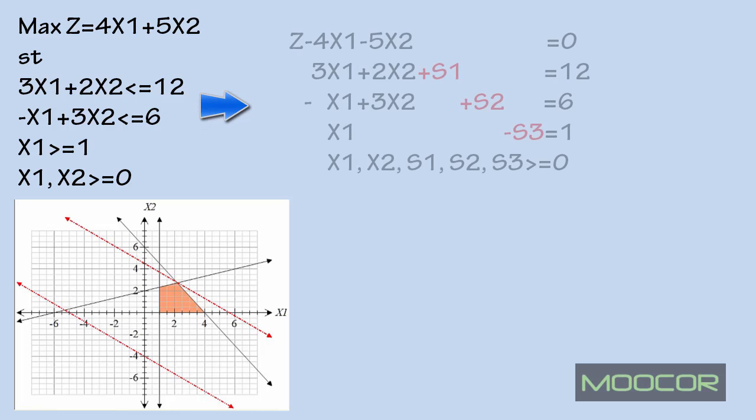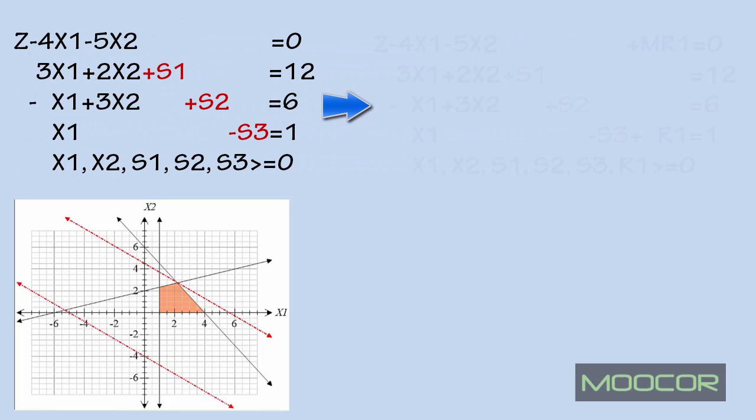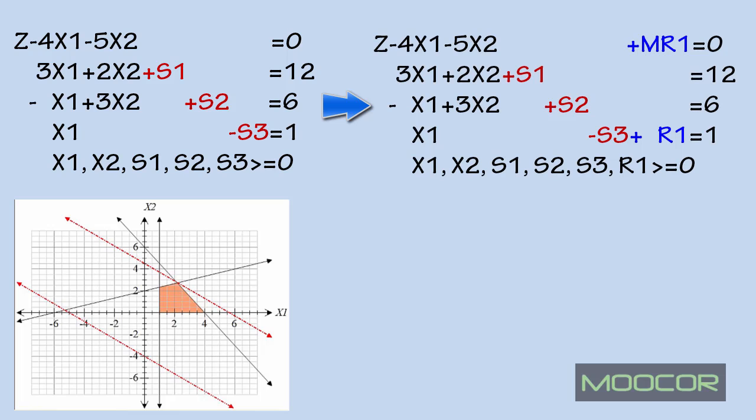So going through the steps, I will write the standard form, then I will set up the problem for the big M by adding artificial variables to the problem and penalizing the objective function, and then we'll perform the row operation to get rid of the artificial variables in the objective function.